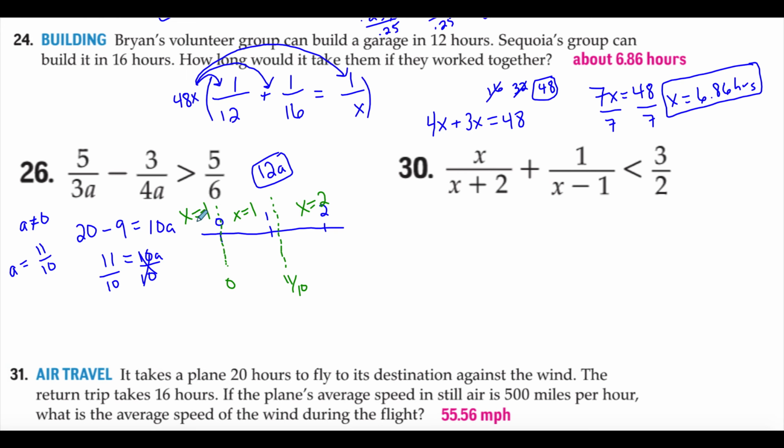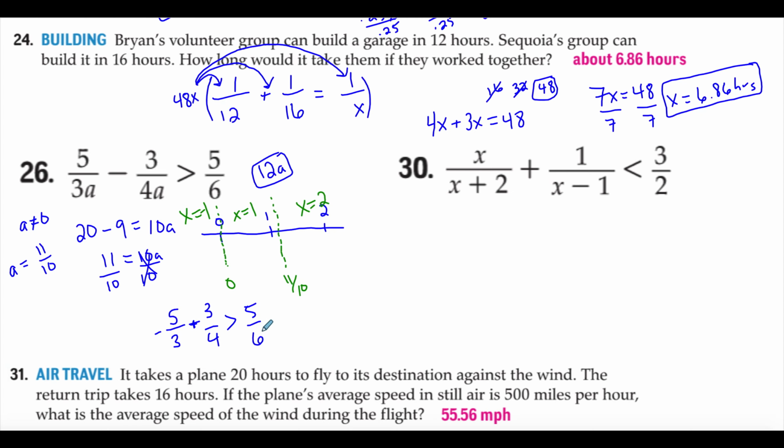So if we plug in a -1, we'll have 5 over 3 times -1, so that's -5/3. And then in this one, it'd be 3 times 4 over -1, so it'll be a positive, because that's going to switch that sign. Positive 3/4. And then is that greater than 5/6?